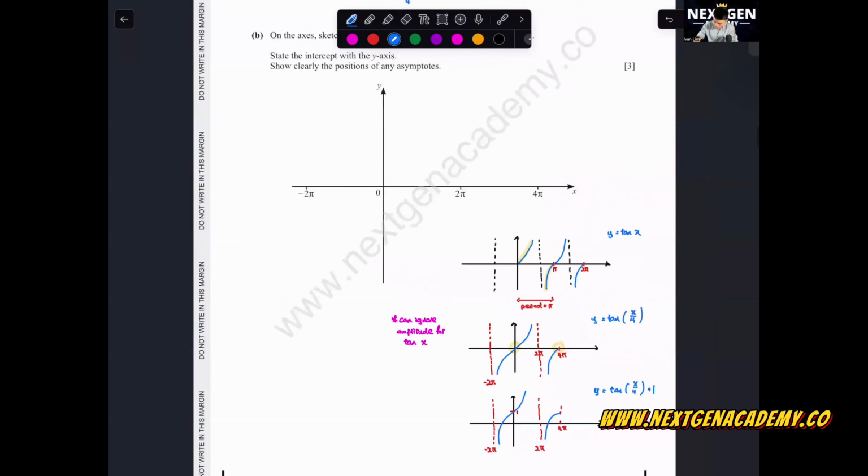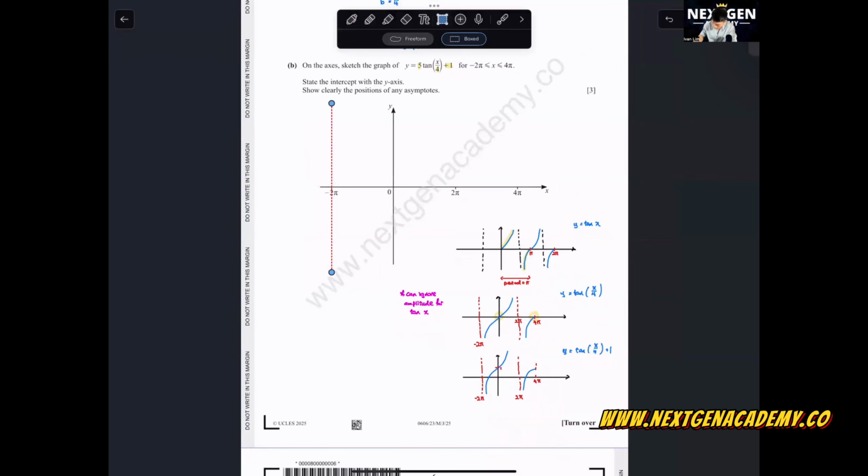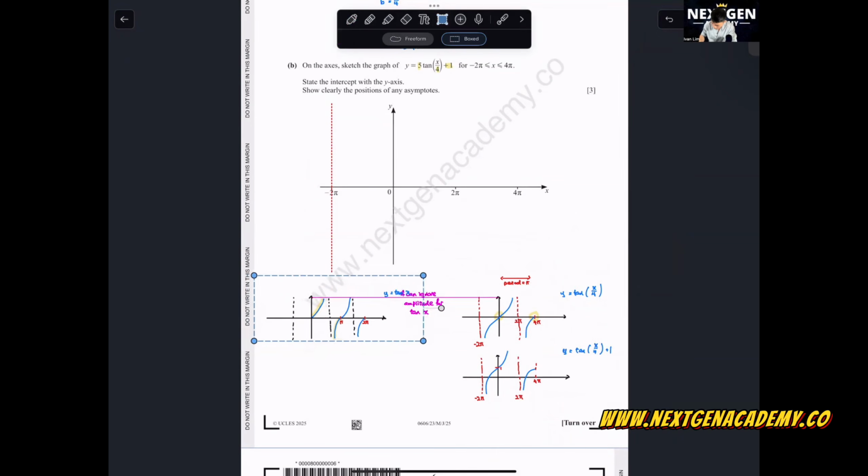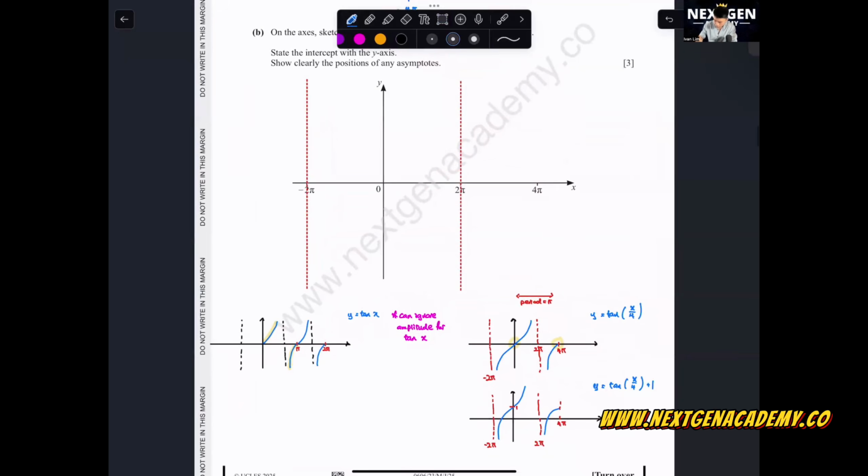Okay, let's sketch this out. I will draw the two asymptotes first at negative 2 pi and 2 pi. Okay, over here. Now let's draw, according to our diagram, we do here 1, and later here also 1.